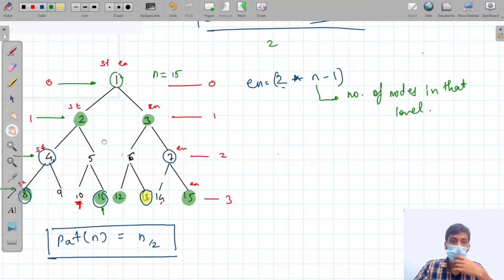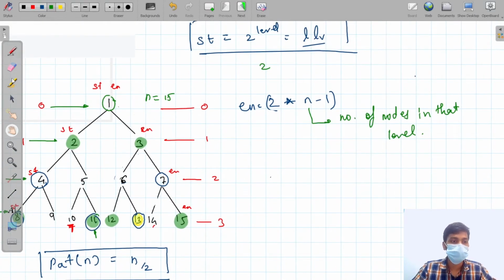I can see that this 11 is nothing but smaller than 2 raised to the power 4, but it is greater than 2 raised to the power 3.